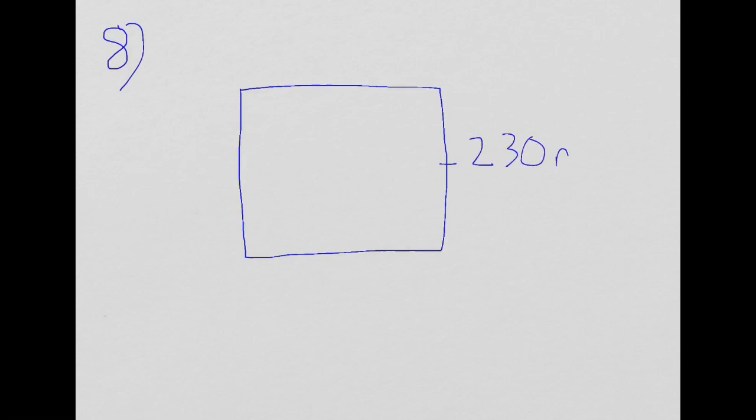That means all 4 sides of the square are 230 meters. I guess I don't have to label all the parts, but that's okay. A square has all sides equal length, so that's 230 meters. That's quite a huge distance, by the way. That's like 1/5 of a kilometer. So this is quite a large pyramid.